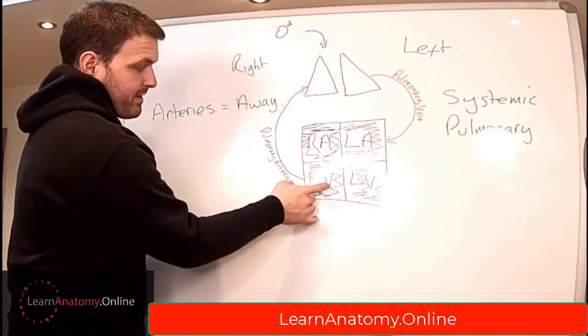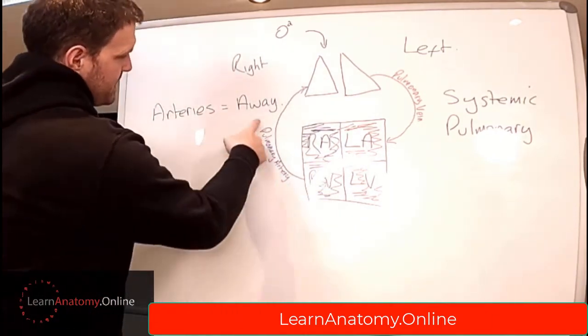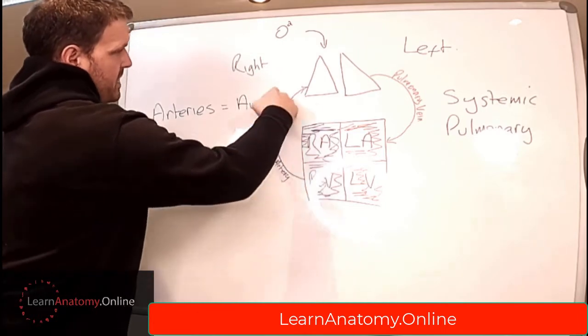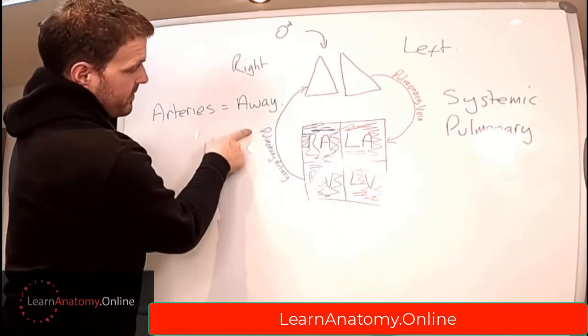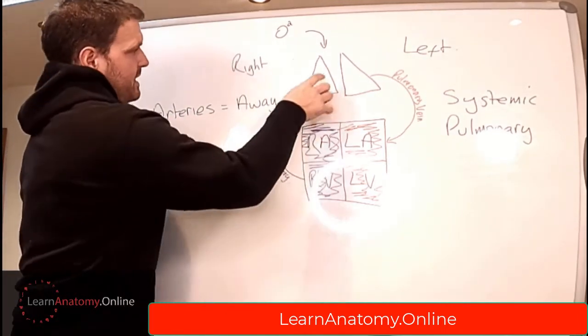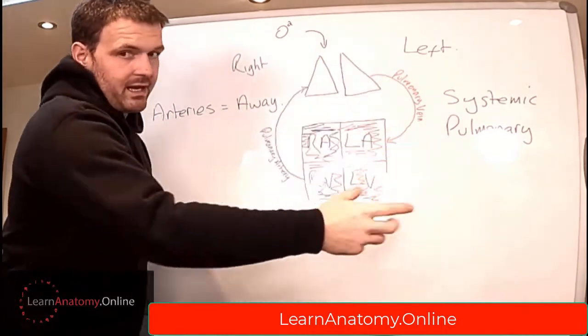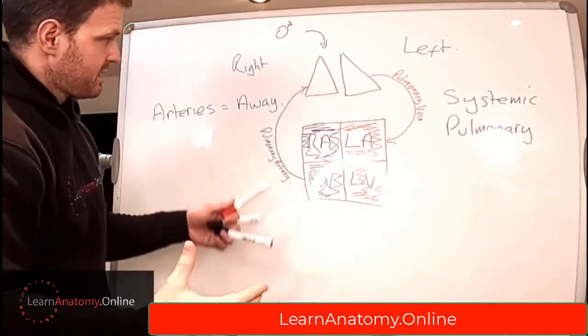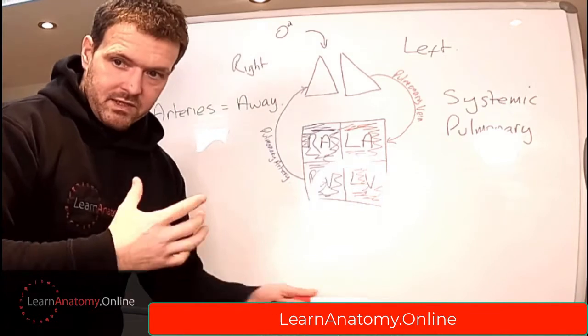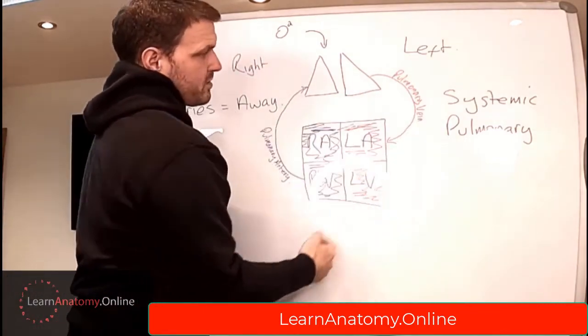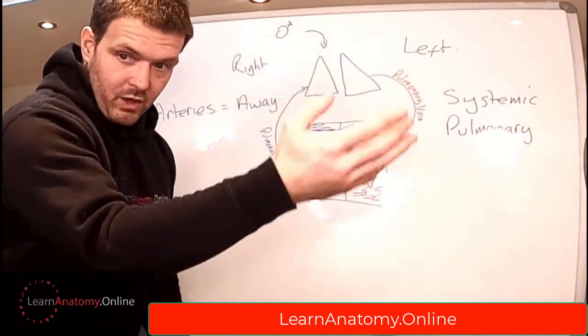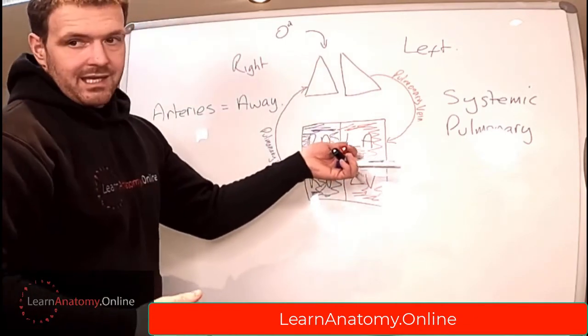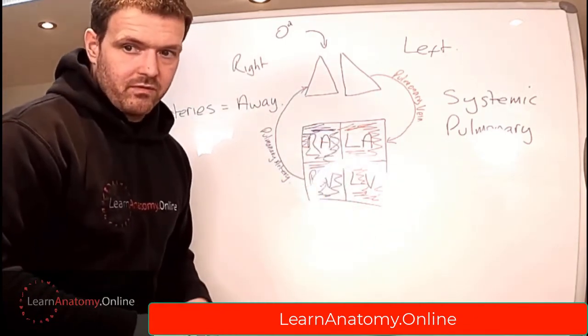So we've got the right ventricle pumping deoxygenated blood to the lungs via the pulmonary arteries, and then the pulmonary arteries deliver that blood into the lungs. Then you get diffusion taking place, and then we've got the pulmonary vein bringing the oxygenated blood back into the left atrium of the heart.